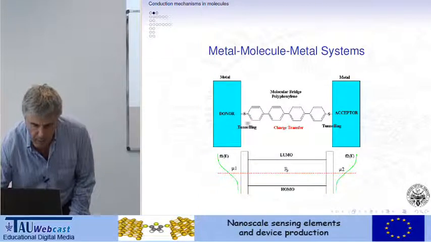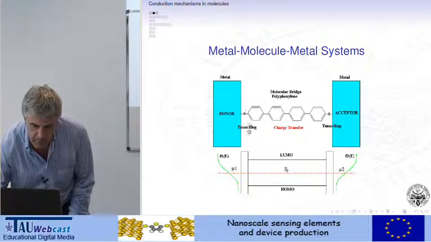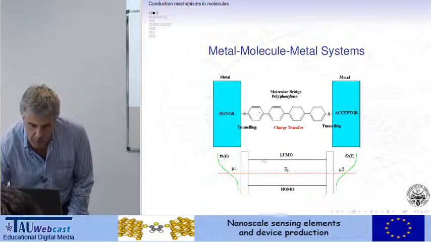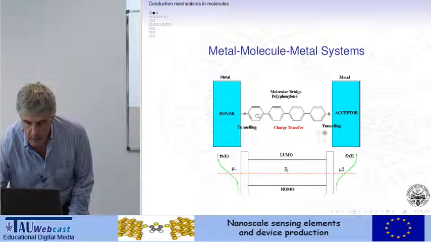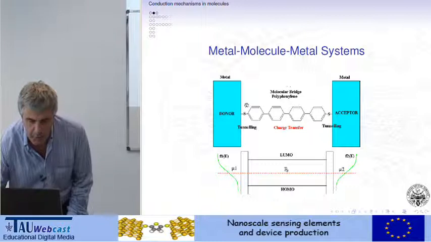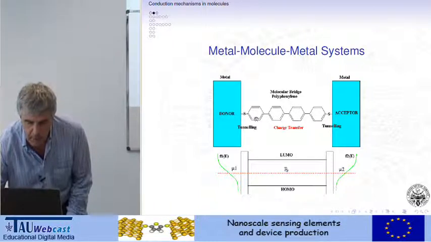So generally, in a starting model for this kind of system, the electrons can be considered as tunneling electrons. So this interface will be, in other words, described by some tunneling parameters. After that, we have the molecular wire. The molecular wire can be short, 2, 3 rings, or can be longer.